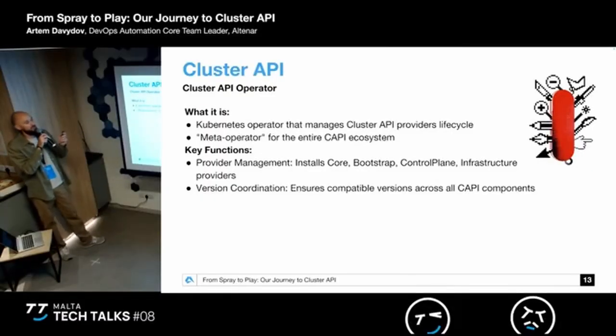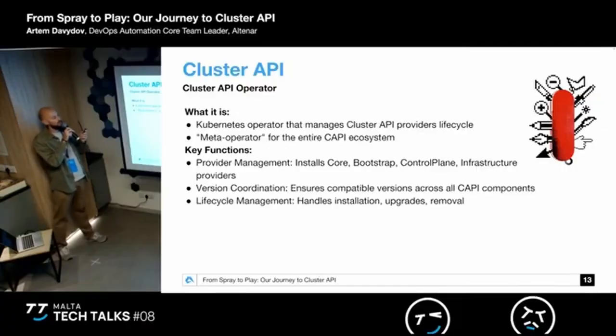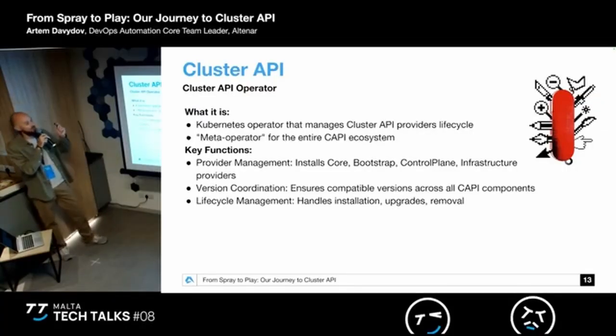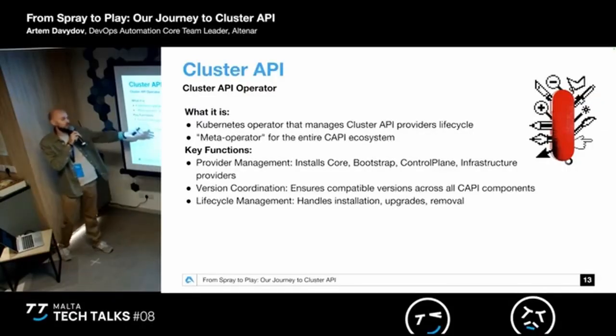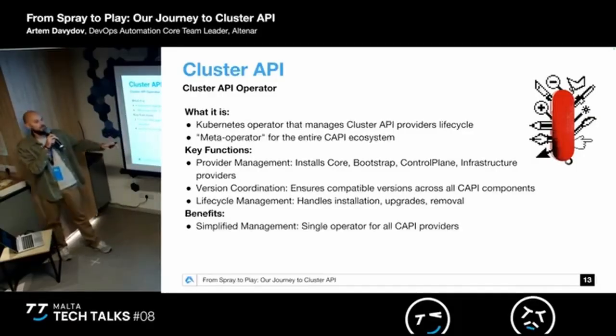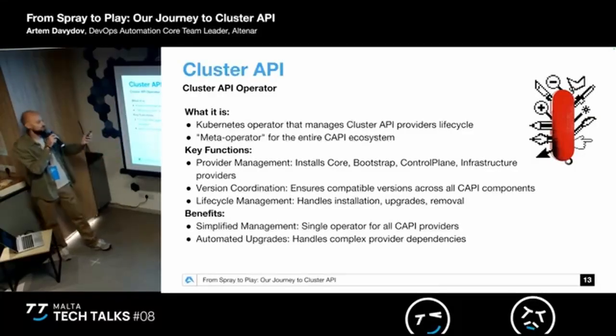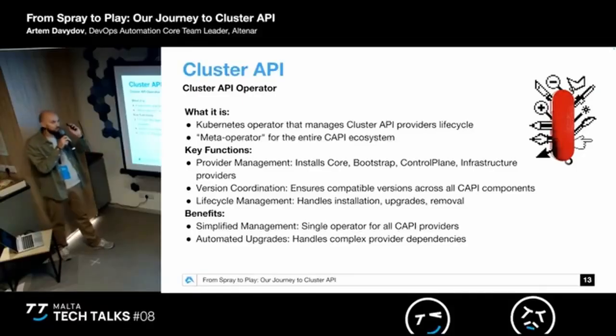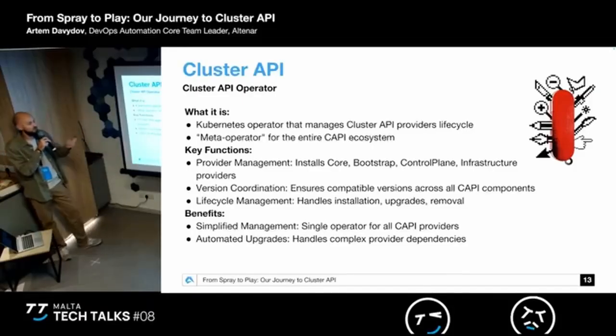So it's like a meta operator which will install core, bootstrap, control plane, and infrastructure providers. Also, it has version control, so it's very useful, and it handles installation, upgrades, and so on.